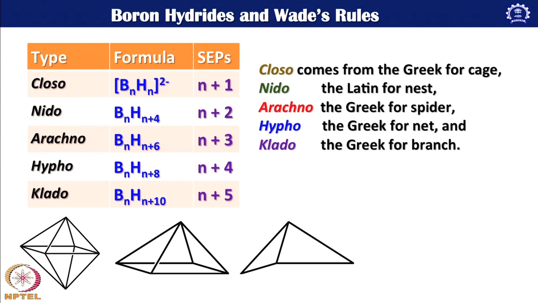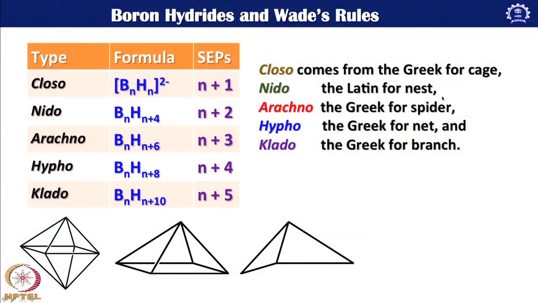Hypo and klado are rare, where you have n minus 3 boron atoms for n plus 1 skeletal electron pairs and n minus 4 boron atoms for n plus 1 skeletal electron pairs, essentially called hypo and klado. They are rare. We do not have any examples among boron hydrides for these two cases.